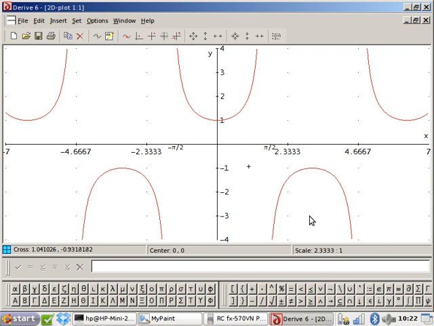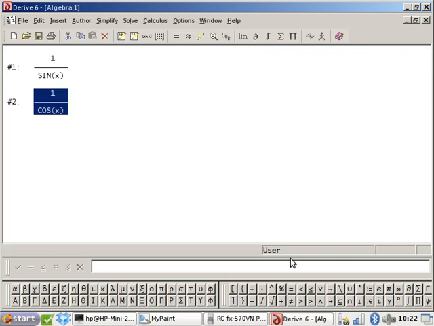Okay, you got that one? So next one now is cotan. Which now looks like this. And these points here, I think we get pi over 2, yeah.